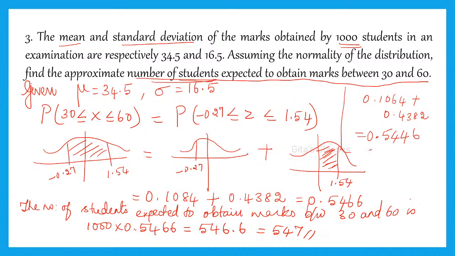In that case, the answer will be 1000 into 0.5446, 545. Whether it is 0.1064 or 0.1084, we will check with the calculator and find the correct answer.